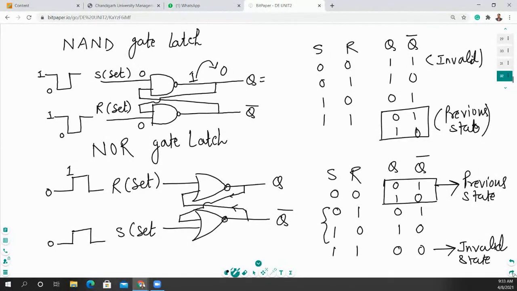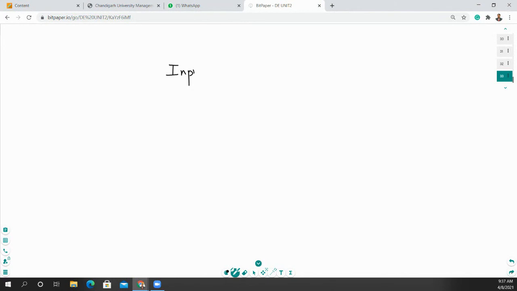Okay, so we have the input, and we have the output for both these latches which we have designed right now. First the NAND gate latch we have designed, and secondly the NOR gate latch.